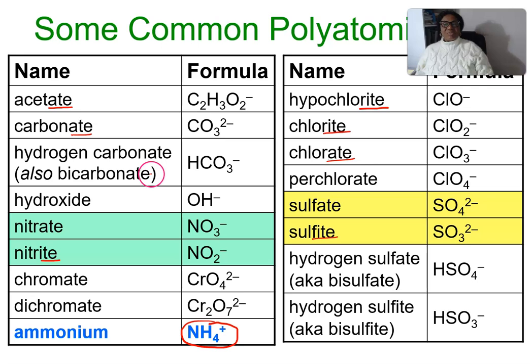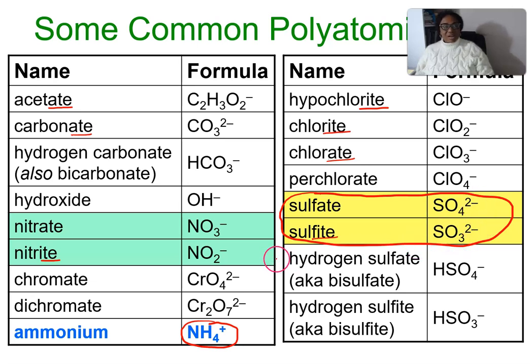The difference between the ATE and the ITE for a group, I want us to look at this group. The difference is only oxygen. ATE in each group has one oxygen more than the ITE polyatomic ion. But the charge is the same.